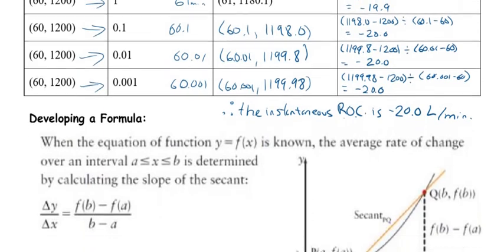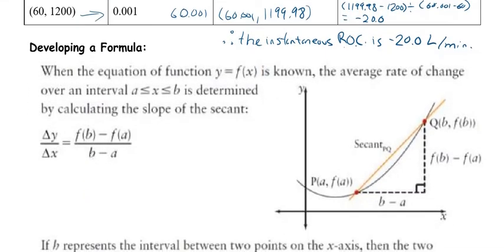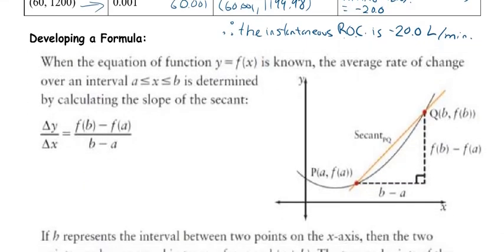So to do that, let's talk about the slope formula, and we're going to see if we can figure things out a bit better. The first section of this next part of the note is our basic understanding of slope. We're taking 2 points, we're going to call them P and Q, represent them with A's and B's. So the difference in the y's is going to be f of b minus f of a.